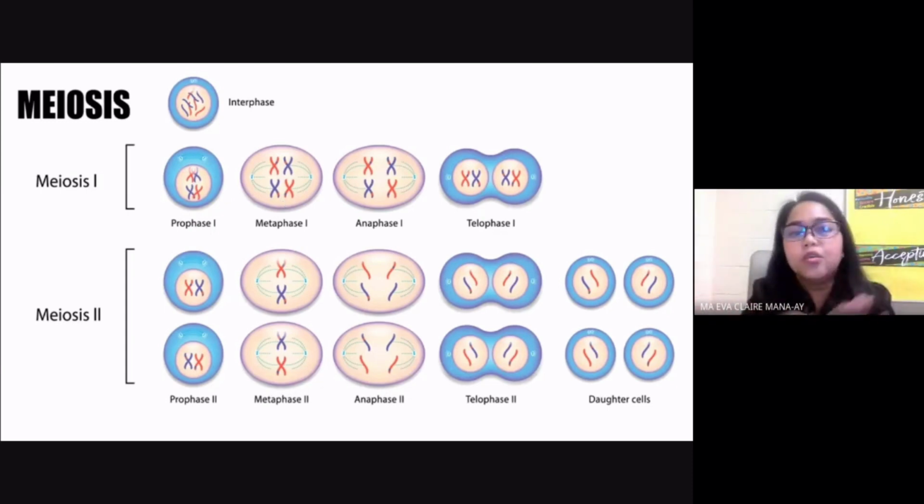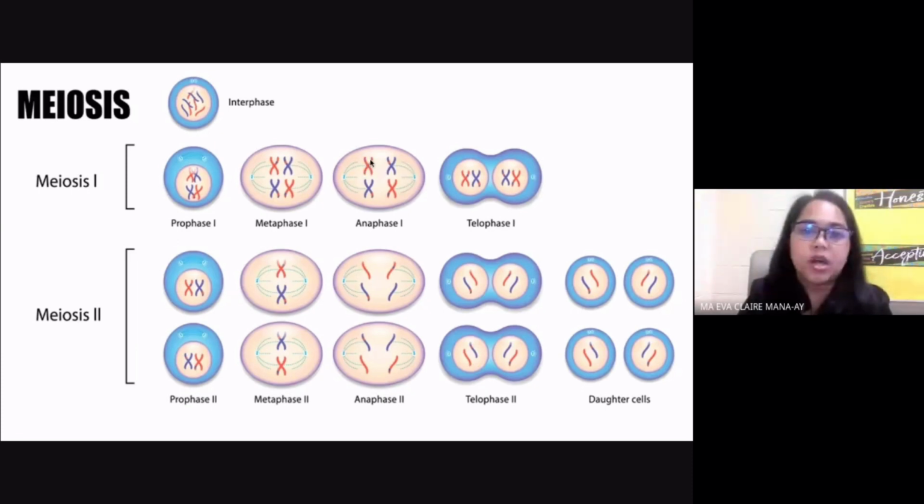They're still doing synapsis. Now, during anaphase 1, remember anaphase in mitosis means splitting of your chromosomes into sister chromatids. In anaphase 1 here, there's no splitting of your sister chromatids yet. What happens is that your homologous chromosomes get to be divided, or they are pulled apart from each other.